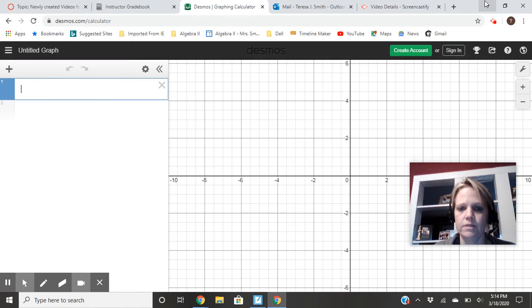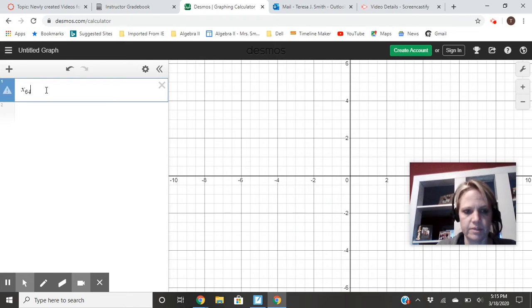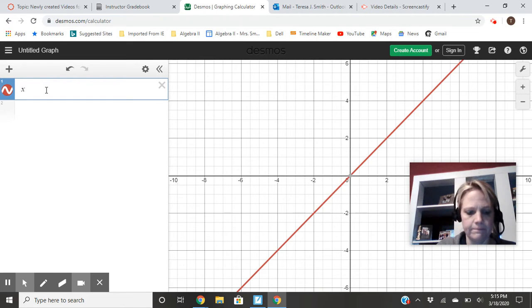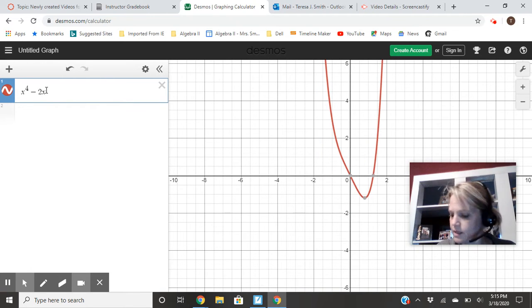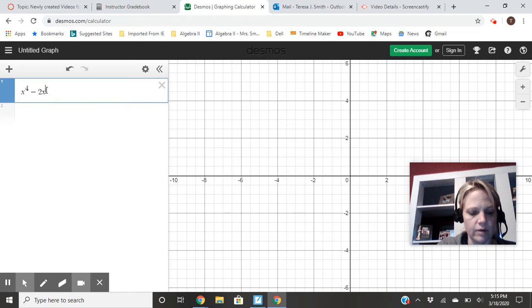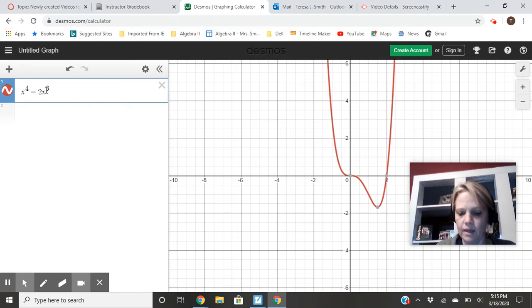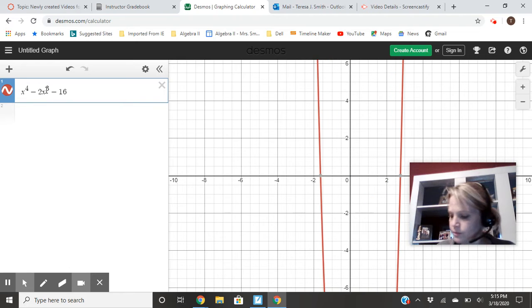And so what we want to do is use Desmos.com, the calculator. I'm going to type this function into this particular app, and we are going to see what the graph of this looks like, and we'll even be able to see what the zeros are.